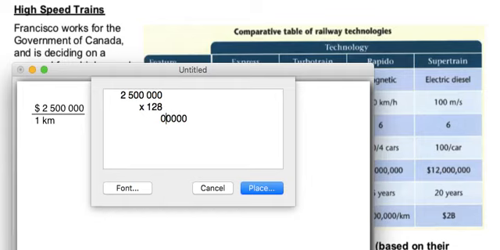And then finally 5 times 8 gives me 40, so I put 0 down there. I carry a 4, which is kind of hard for me to write here. 2 times 8 is 16, so that gives me 20. So just like that, I've got my first row here, which is 20 million.